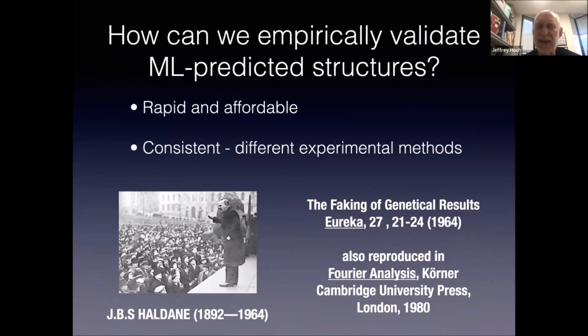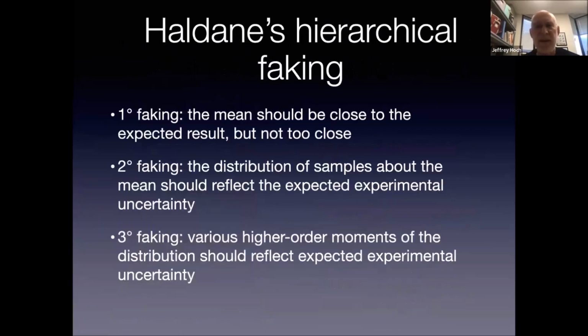And so it turns out that detecting a fake is really very similar and essentially isomorphic with validating a structure. A good fake, like a good model, is going to be essentially indistinguishable from the truth. And so Haldane's procedure for detecting fakes is also a good approach to validating a predicted structure.